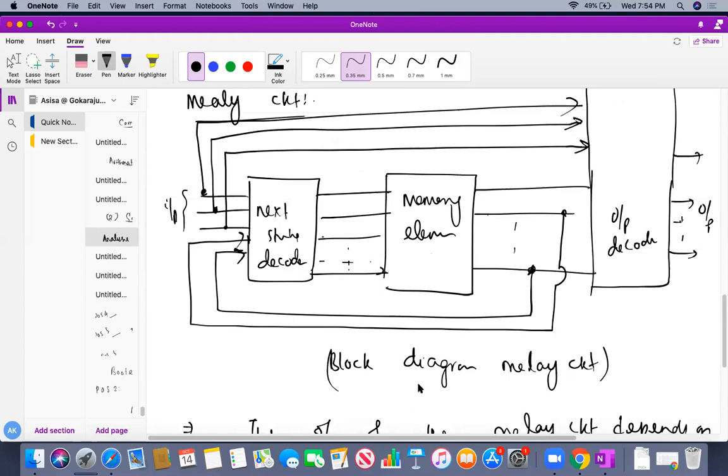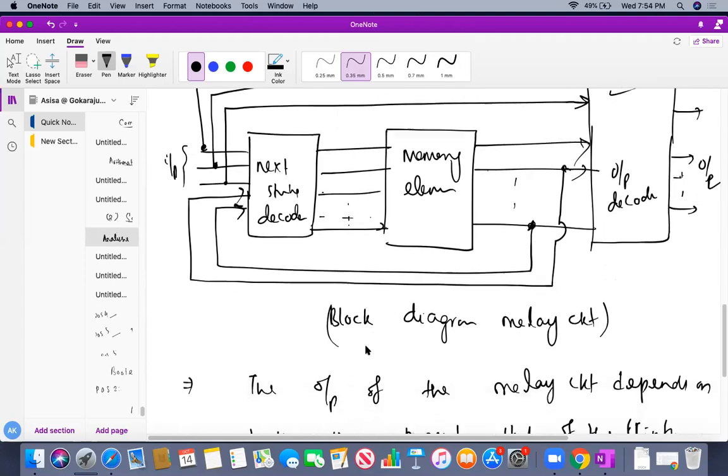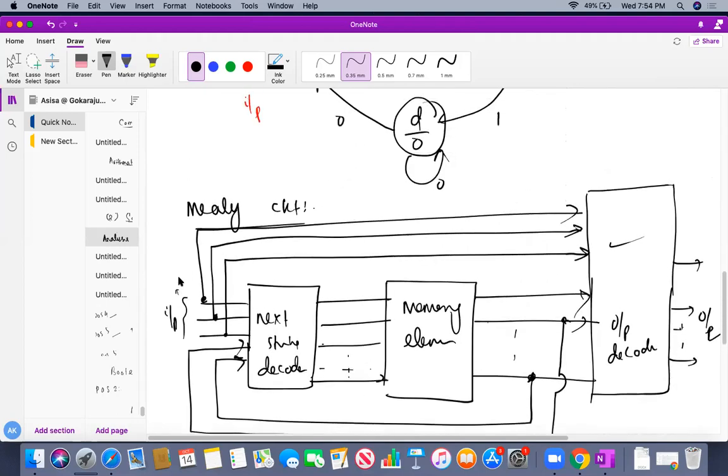You can see some inputs are going to the output decoder, also the present state, as well as the inputs.